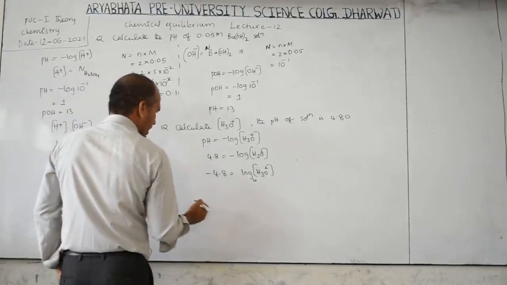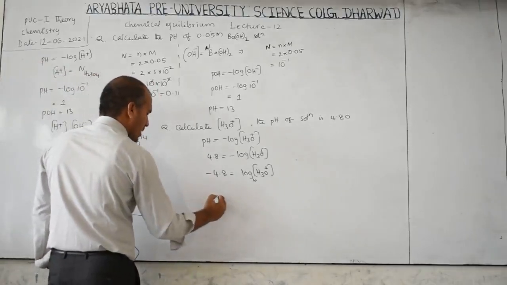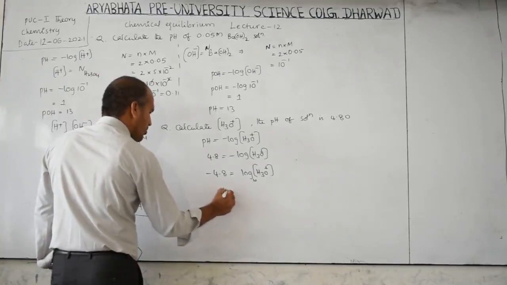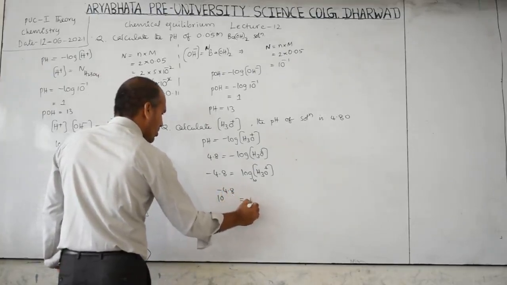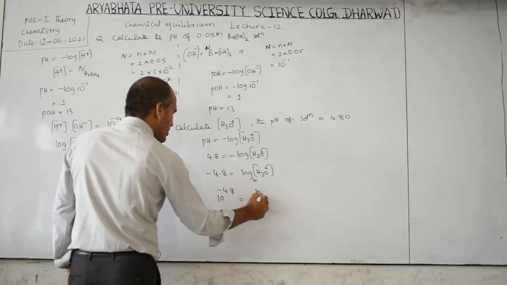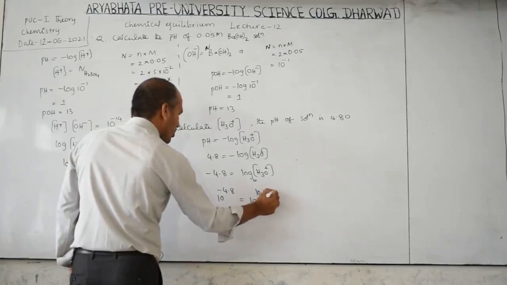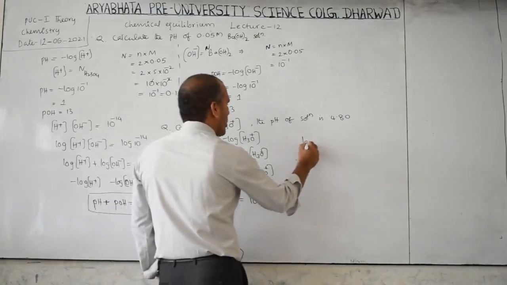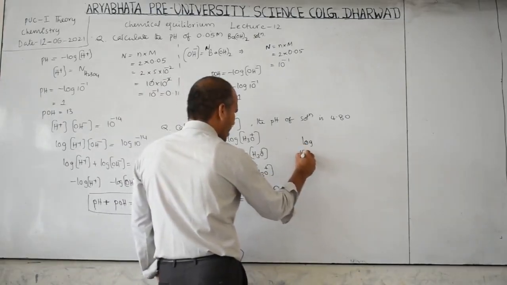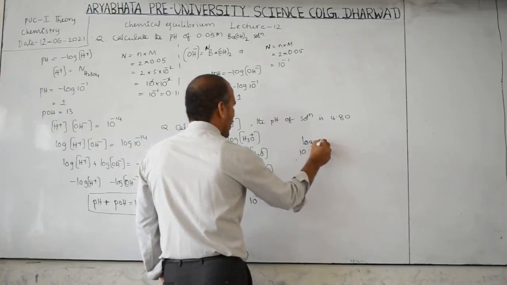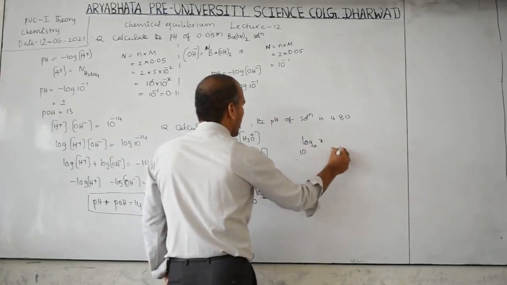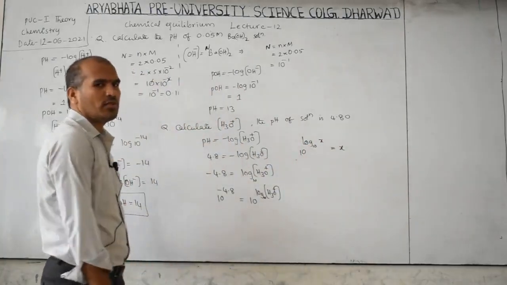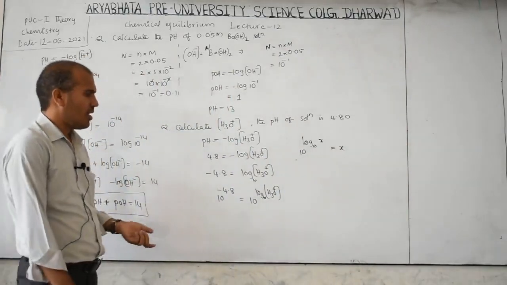Now, on both sides, 10 power minus 4.8 is equal to 10 power log base 10 of H3O plus concentration. In mathematics you know that 10 power log base 10 of x gives the answer x.